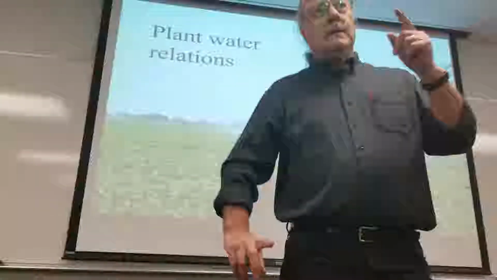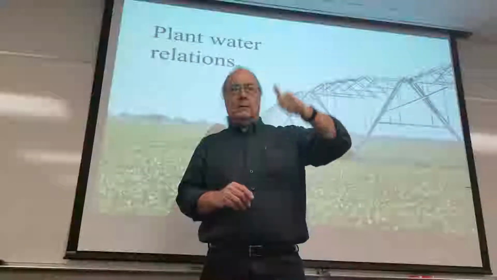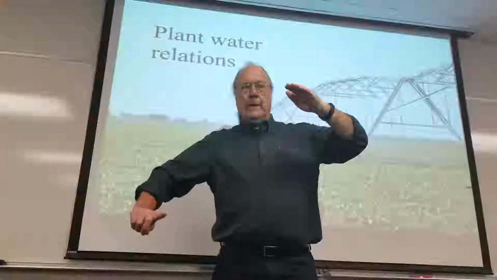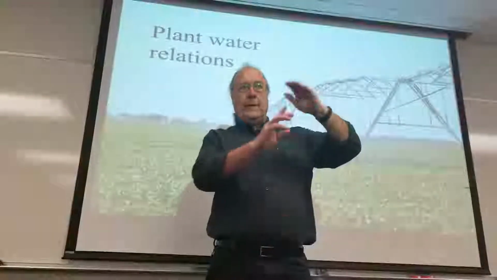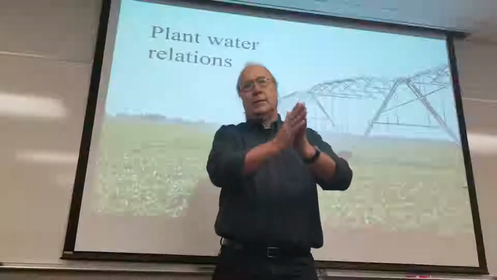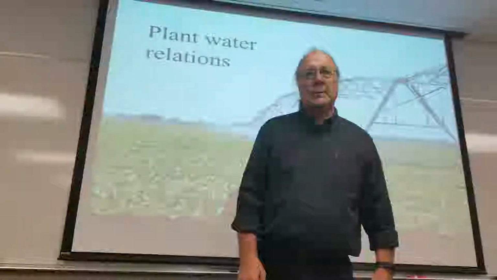But it's that combination of losing water to the dry atmosphere and the resupply of that water from the moist soil. If that gets out of balance, then the stomata will close.